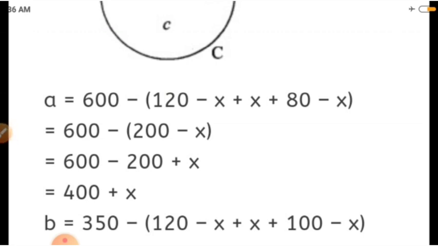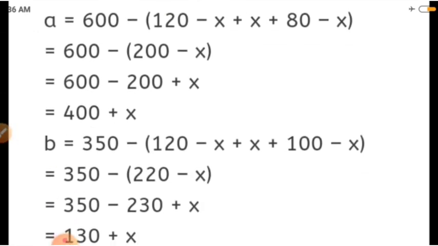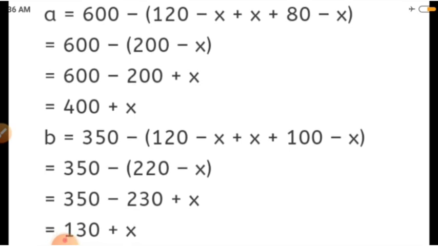Then next B is equal to 350 minus of 120 minus x plus 100 minus x.